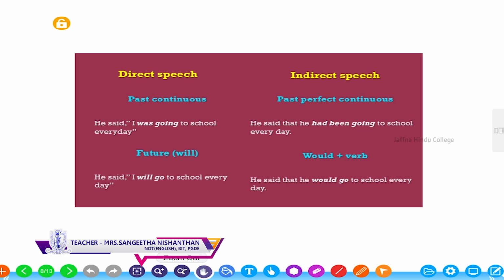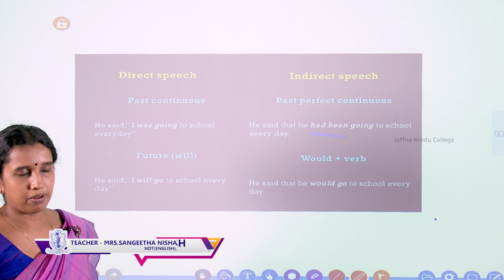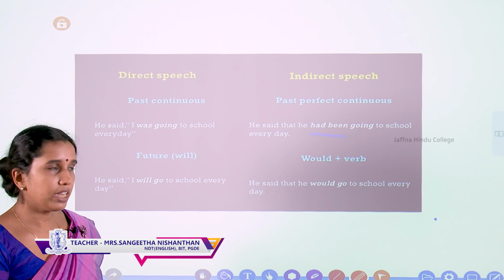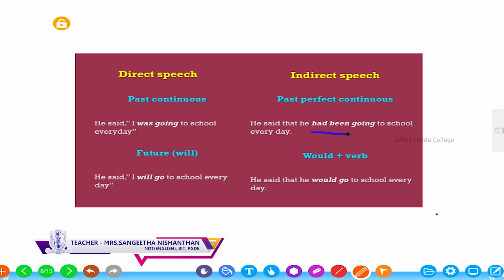Here past continuous, he said, "I was going to school every day." When we change this, he said that, I denotes him, so he. The past of was is had been plus present participle, had been going to school every day.